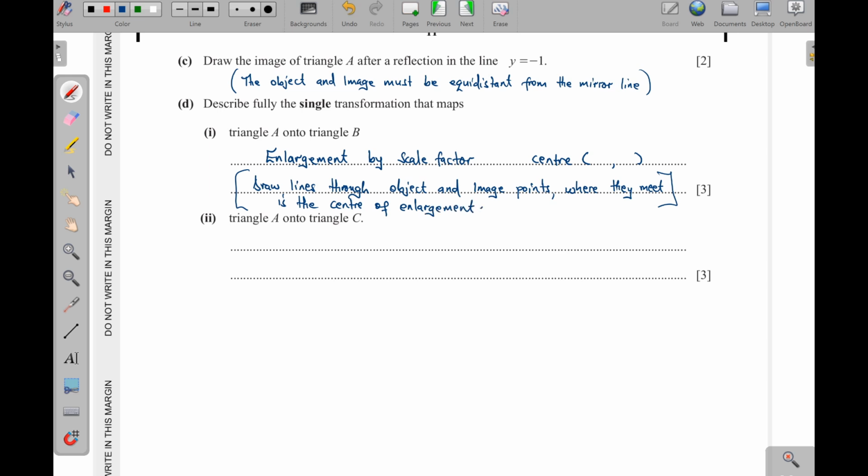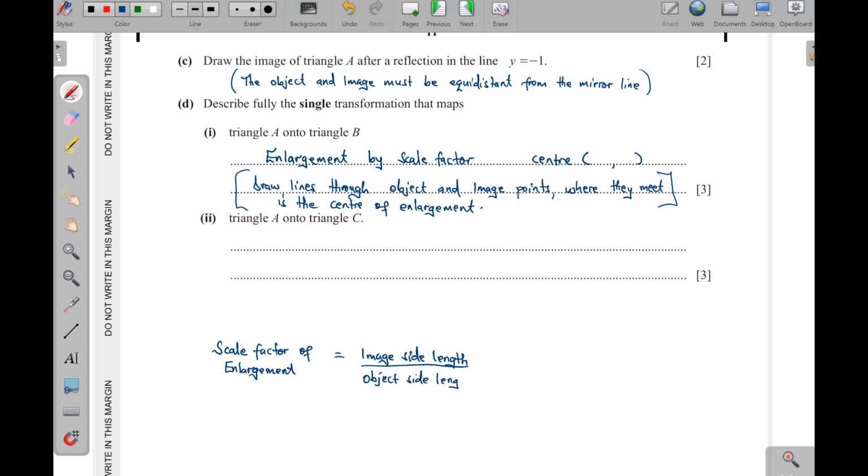But then we need to find the scale factor of enlargement. How do you find it? You use one of these formulas. So we have scale factor of enlargement: you get the image side length, then you divide by the object side length.